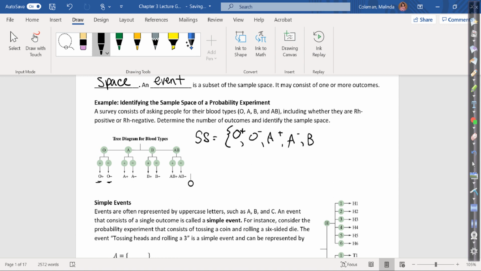We would then have B positive and B negative. And we would have AB positive and AB negative. And those are all of our options for blood types. So that's our sample space, all of them. How many outcomes do we have? There are 8 outcomes.